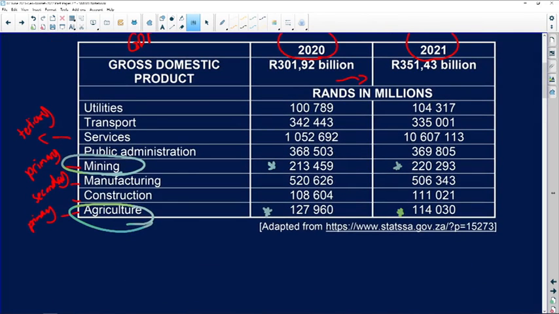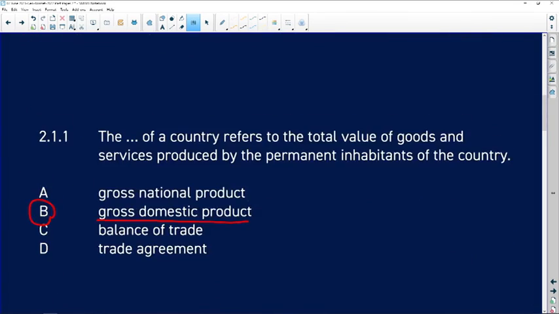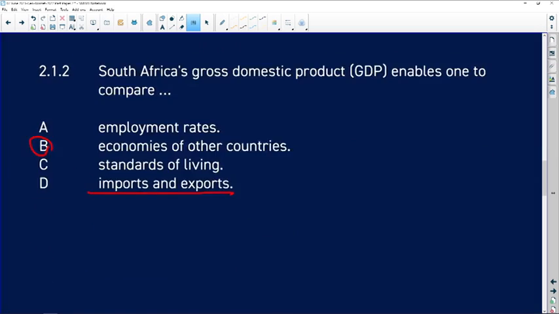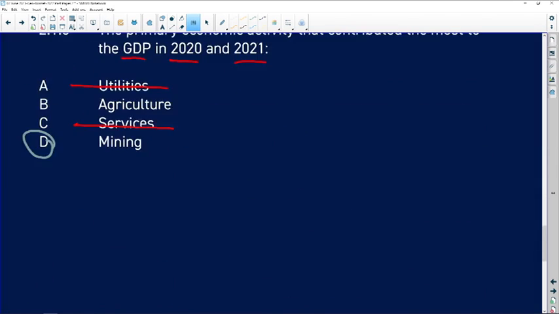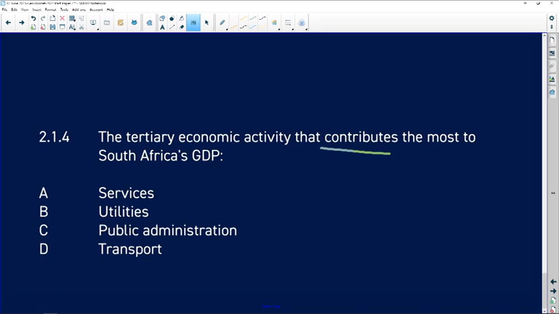As we can see, utilities, 104 billion. Services, 10 billion. Then we also look at public administration, only 369 billion. So our correct answer will be services. So going back to question 2.1.4, apologies, it's going to be services. So that's the correct answer.